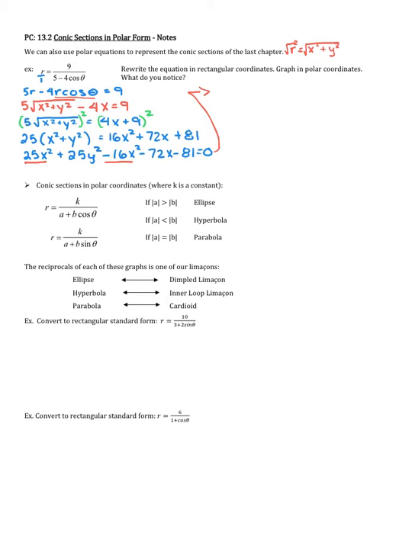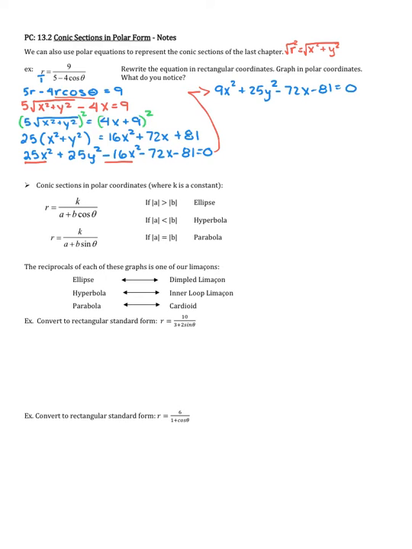Take note that the 25x squared came from my 5 and the 16x squared came from the 4, so by subtracting, you end up with a positive 9x squared plus 25y squared minus 72x minus 81 equals 0.